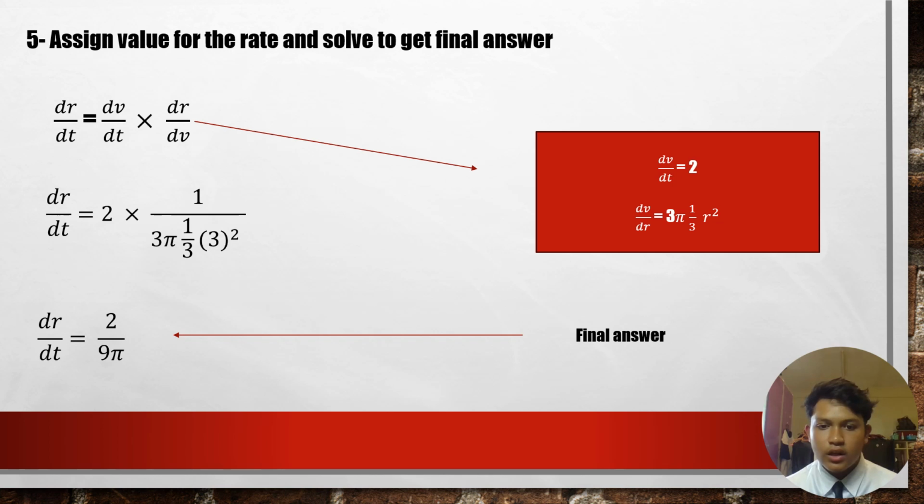We know dV/dt equals 2, and dV/dr equals 3 pi 1 over 3 r squared. So dr/dt equals dV/dt multiplied by dr/dV. We insert dV/dt as 2 multiplied by 1 over 3 pi 1 over 3 multiplied by 3 squared. So we get the final answer: dr/dt equals 2 over 9 pi.